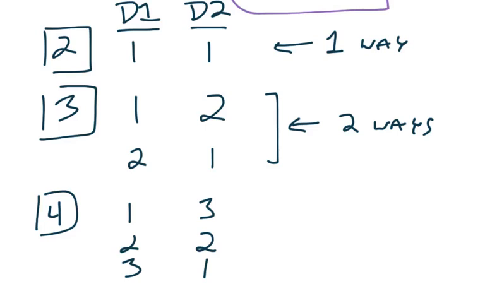Notice that if I did the old switcheroo, as I just called it, with the 2 and 2 example, they both still read 2 and 2. That's not a different outcome, right? They both still say 2. But think of it like if you had a red die and a green die or something. If the red one comes up 1 and the green one comes up 3, well, that is a different outcome than if the red one had come up 3 and the green one had come up 1.